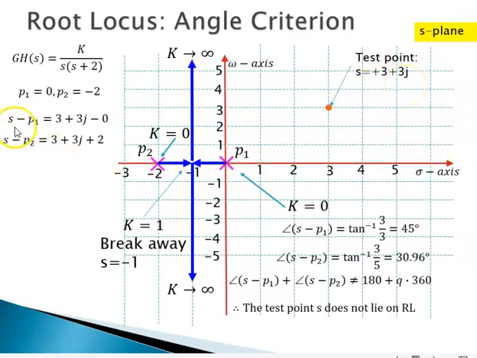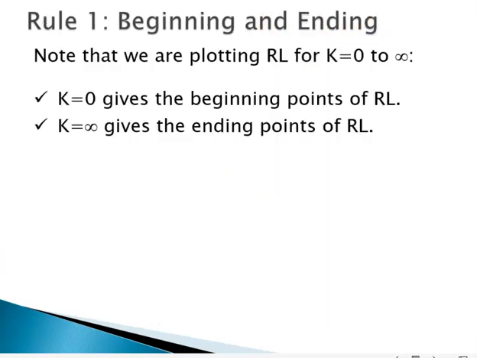So s minus p1 is 3 plus 3j minus 0, and s minus p2 is 3 plus 3j plus 2. The angle of s minus p1 is tan inverse 3 by 3, and the angle of s minus p2 is tan inverse 3 by 5. If you sum them up, you see that it is not equal to 180 degrees or 180 plus any multiple of 360. So this point is not lying on the root locus, as is shown here. With that, we'll begin with the rules.